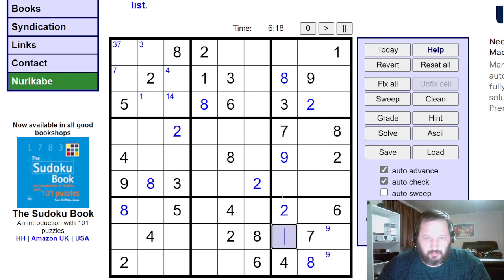We've got 3 numbers missing here in this column. It can't be a 1 up here, so that means one of these 2 has to be a 1. 2, 3, 4. Need a 5, can go anywhere. We need a 6 that can't go here, so it goes either here or here.